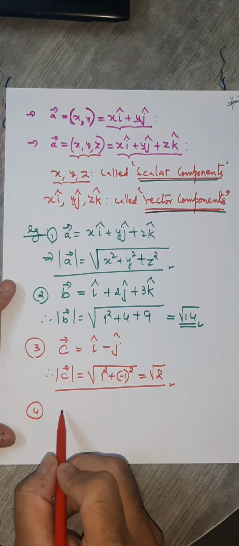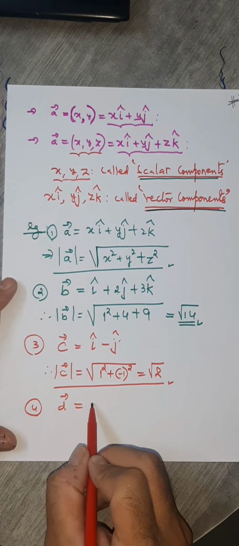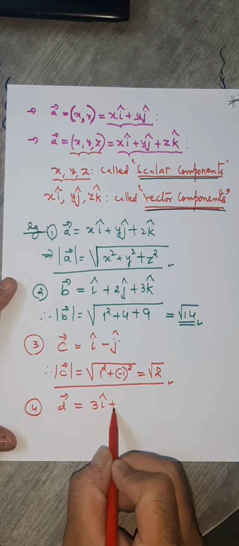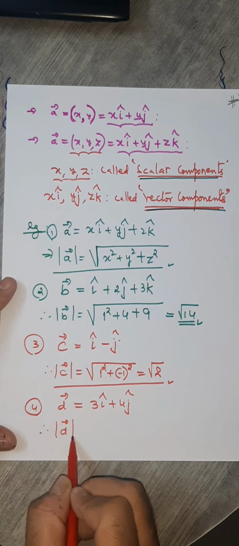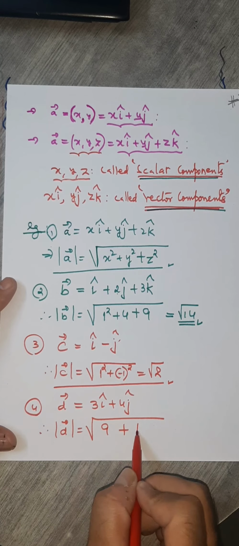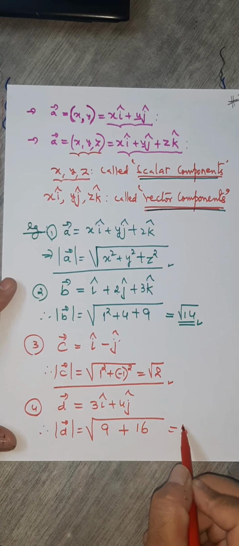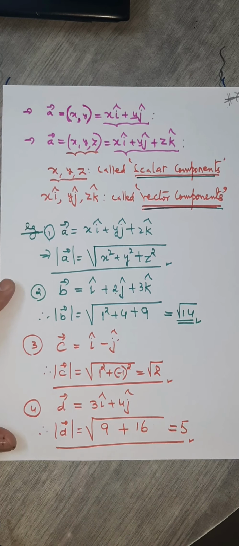Fourth one, let's write one more vector, vector d equal to 3i cap plus 4j cap. So the length of the vector d equals root of 9 plus 4 square, which is 16. So the length equals root of 16 plus 9, which is 25. So the length will be 5.